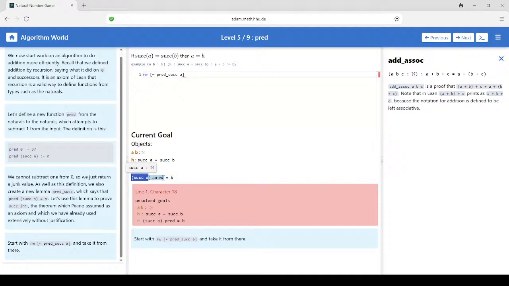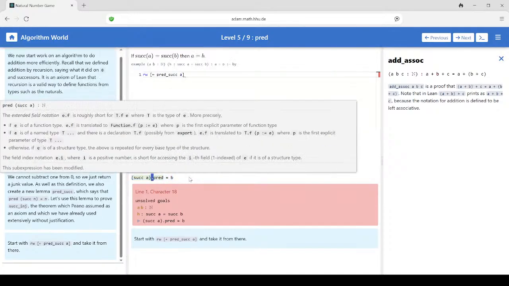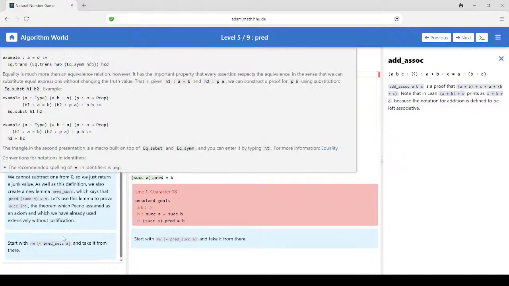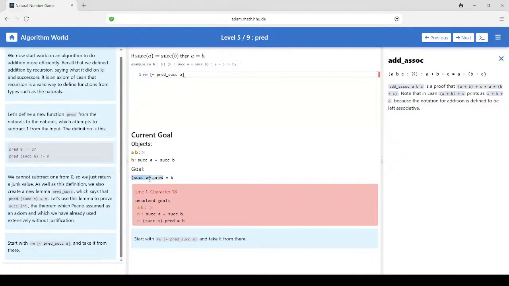And now it's successor A dot predecessor, which I guess is the predecessor of successor A. Then we will need to, we have the hypothesis that successor A equals successor B, which means that A equals B, which is what we had down here. But we have to prove it.